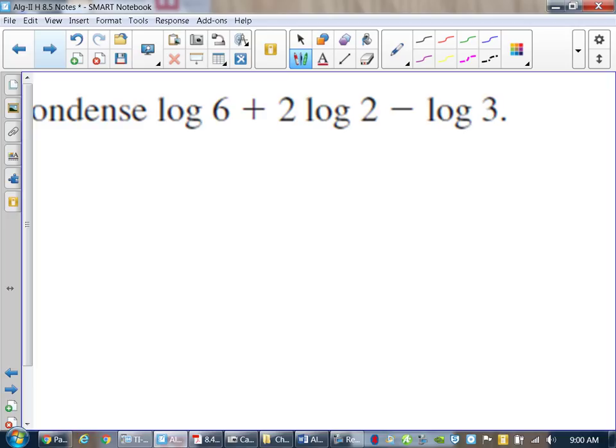Does everybody agree that there's multiplication, exponent, and division here? Okay. So we start with our regular log, our log base 10 of 6. Then what? What's it being multiplied by? 2 squared. And then what?